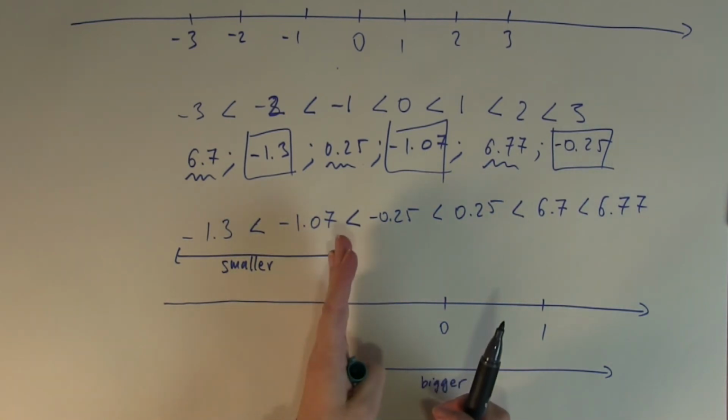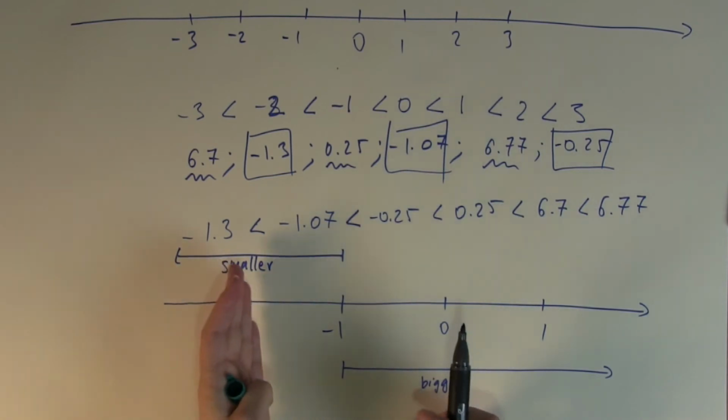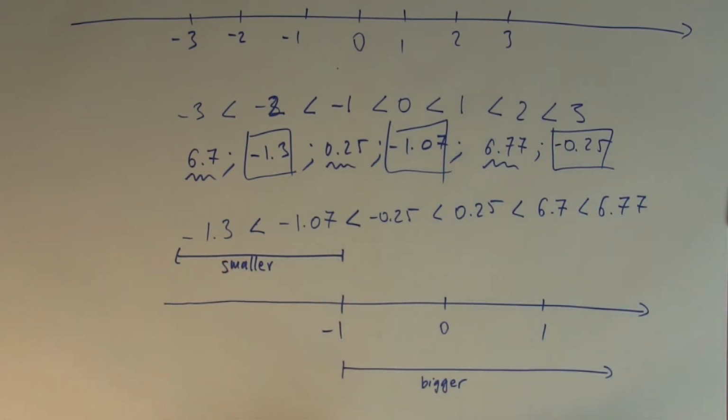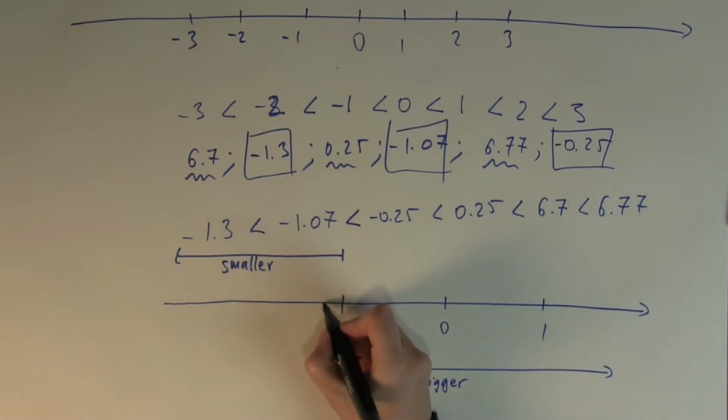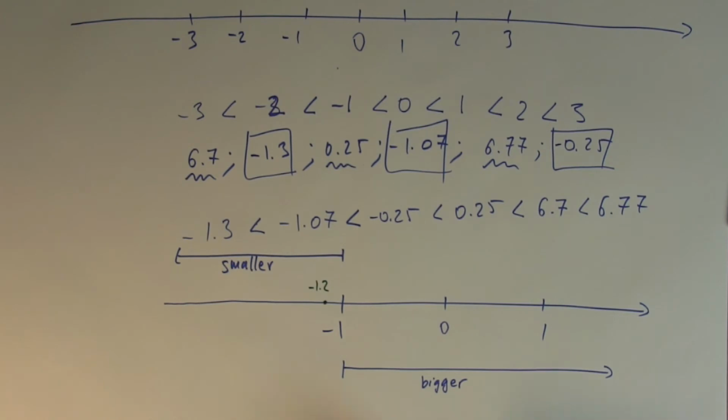In here, I would have got anything that is smaller than -1, something like -2, -3, -7. So when I look at the -1.2, that would be somewhere around here. So therefore the -1.2 is smaller than -1.